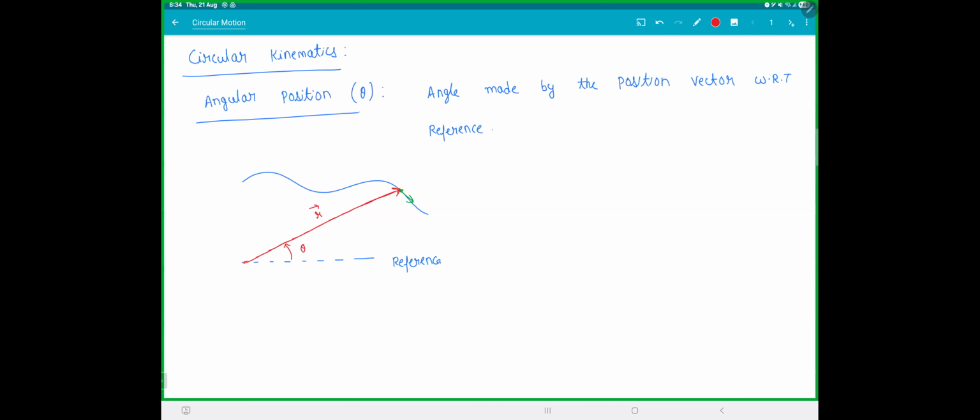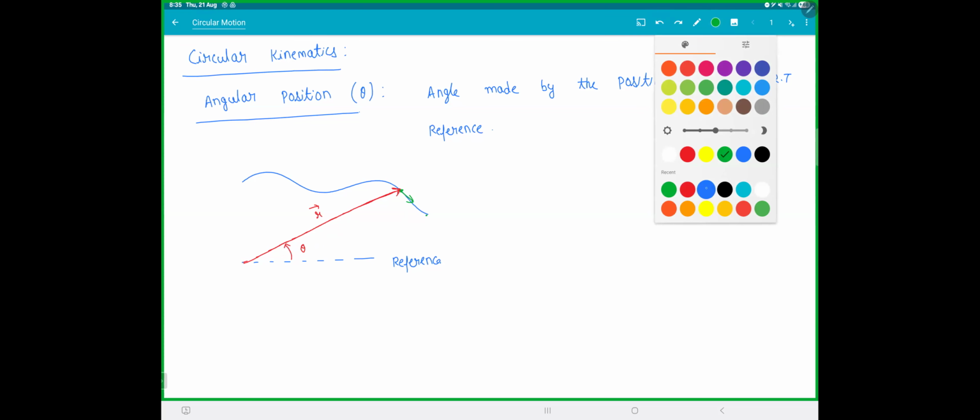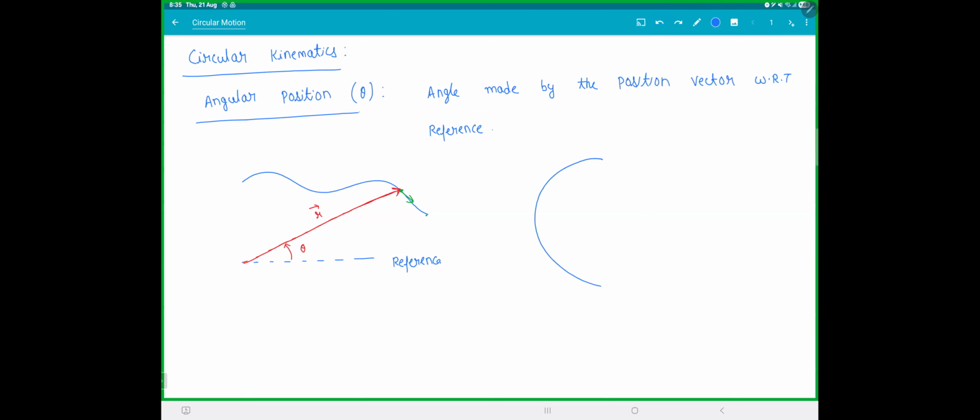Now see, it need not go in a circle. This is one thing people think, that the angular position is defined only for a circle. Circle is a very special case. You can actually define it for any random curve. After some time when it has traveled here, this will be the new angular position. So here you can see theta is continuously changing, so r bar need not be constant. But if something is going in a circle, it becomes more convenient.